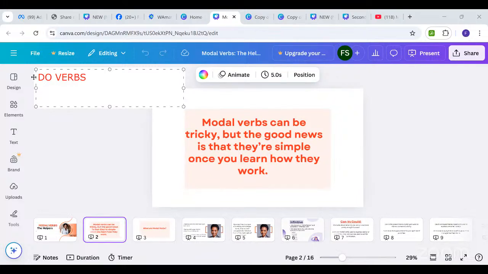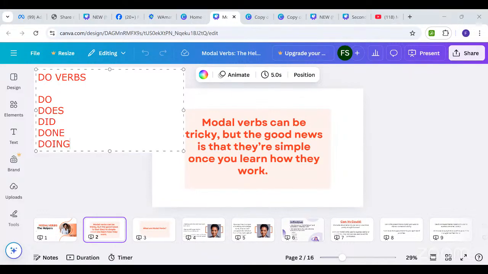So I do, you do. Then we can have does. So we have three of them: do, does, did. We can even have done and then doing. These are all the forms of do. So the simplest form is do.